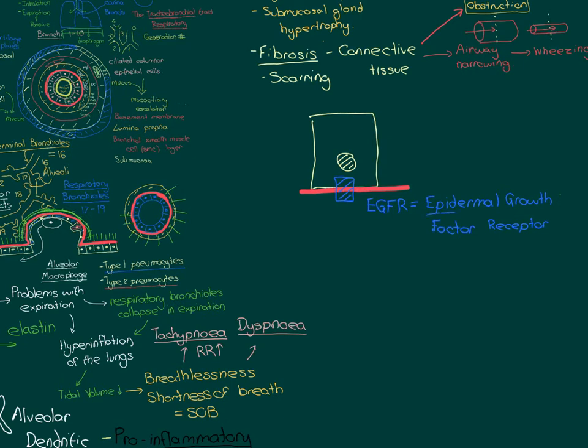Okay, so it's believed then that these proteases, so neutrophil elastase, cathepsin G, and members of the matrix metalloproteinase family, are capable of binding to this receptor just like epidermal growth factor would, and activating it, so activating it to dimerize.